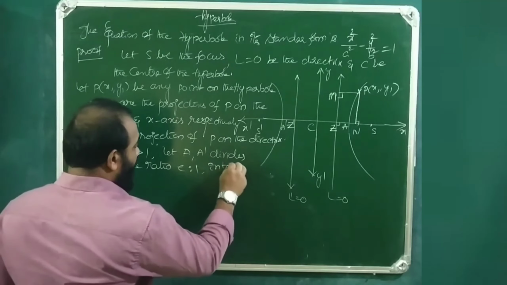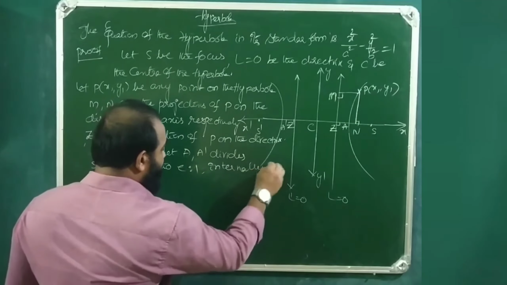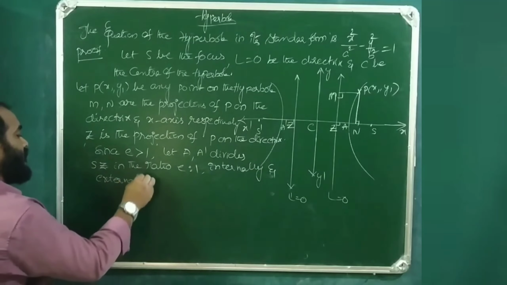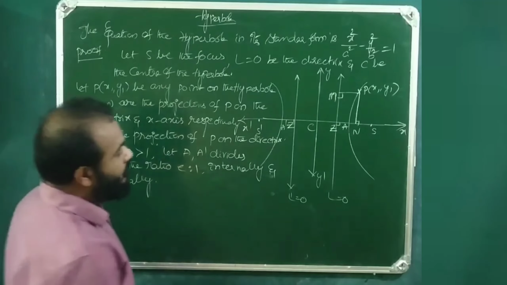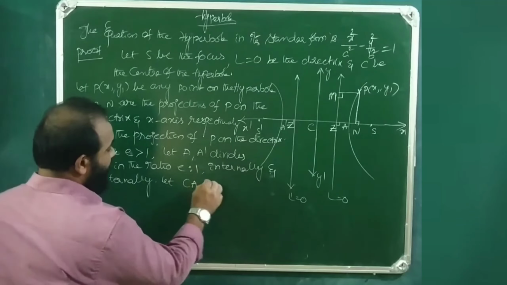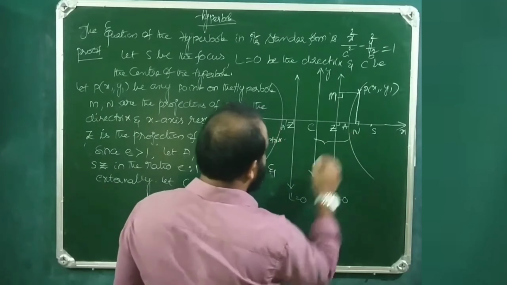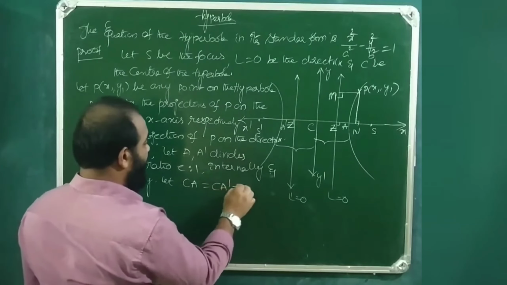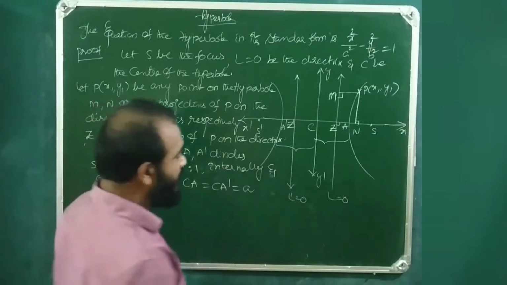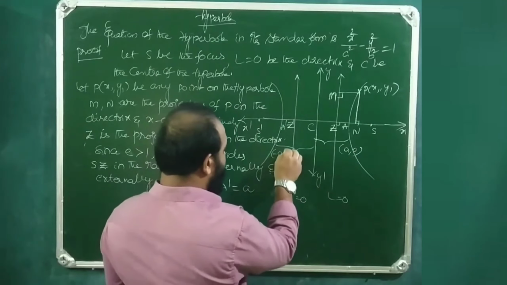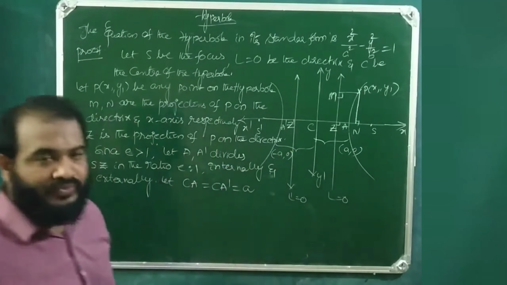So let CA equal CA dash equal A. Then this A is A comma 0 and this A dash is minus A comma 0.